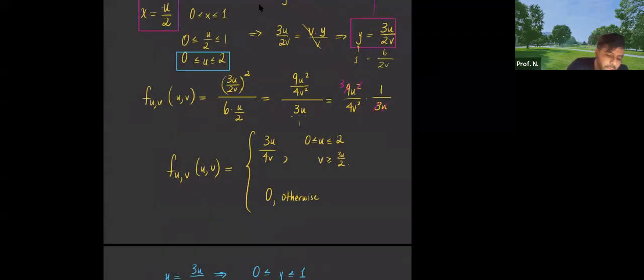But actually, this is right, because the biggest that v can be is infinity, because y can be as small as 0. In order for this to get close to 0, either u has to be really tiny, or u can be big, but v has to be really, really large, right? The bigger this denominator is, closer to infinity, the closer this becomes to 0. So yeah, this is correct. So then this here is my joint distribution.